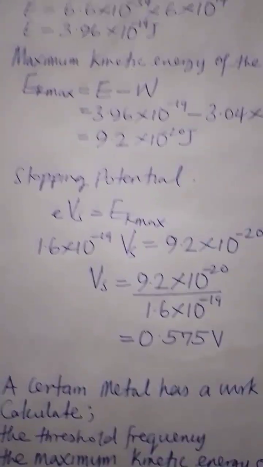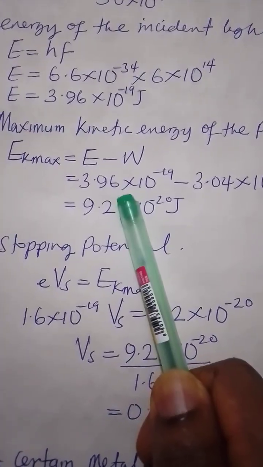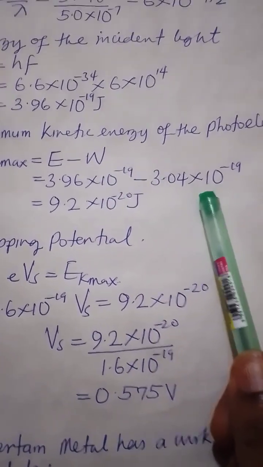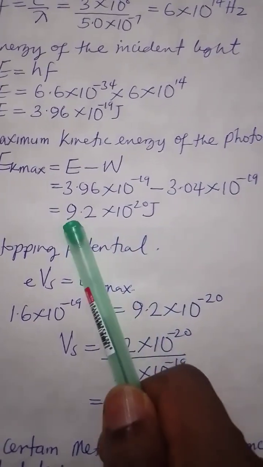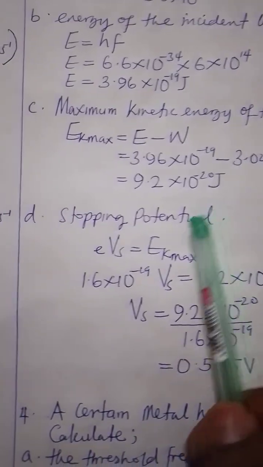So then our EK max is 3.96 times 10 to the power minus 19 minus 3.04 times 10 to the power minus 19. If you resolve this properly, you will get 9.2 times 10 to the power minus 20 joules.